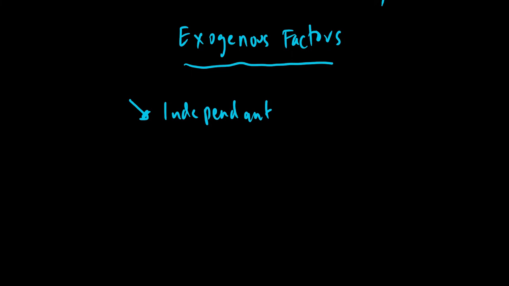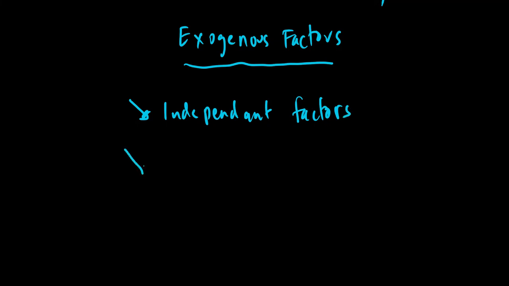Similarly, a major accident, a terrorist act or a war may affect the supply of many goods, like oil. So exogenous factors are independent factors which can affect supply and can shift the supply curve to the right or to the left.